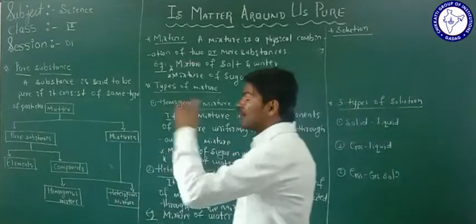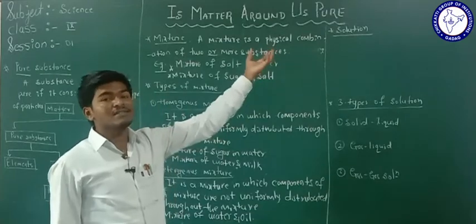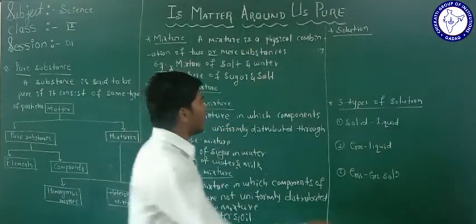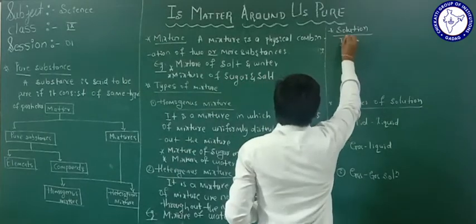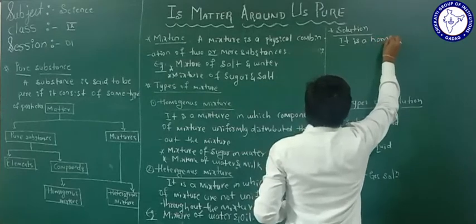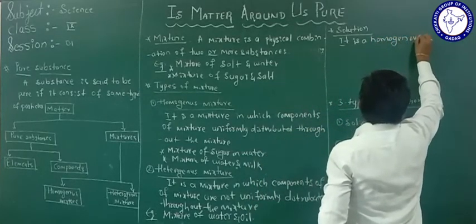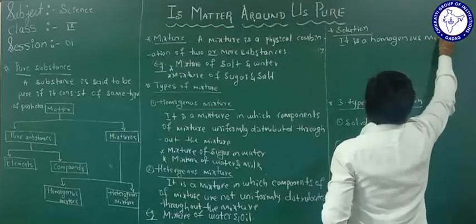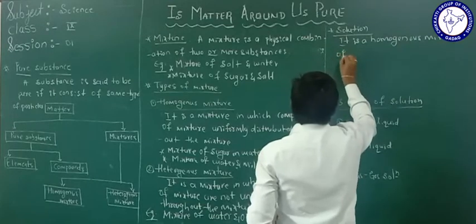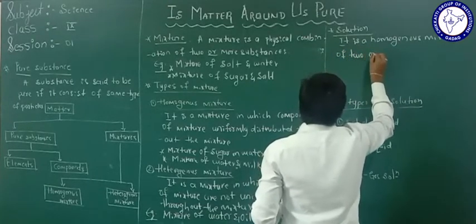So one type we are going to study under the mixture is the solution. Then what is a solution? It is a familiar word to you. See here, what is a solution?